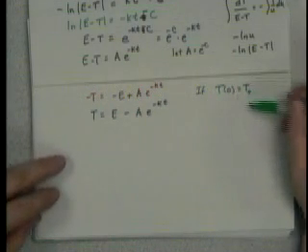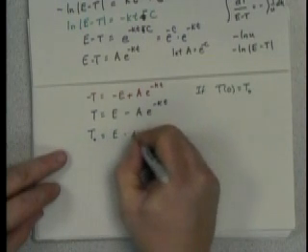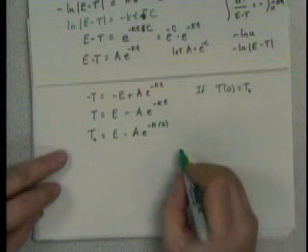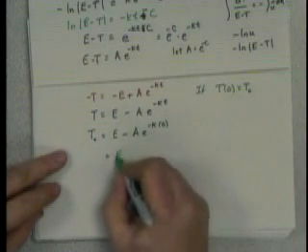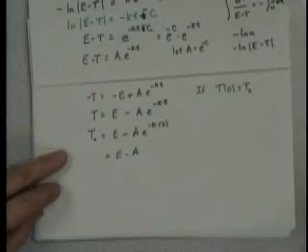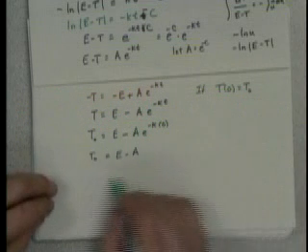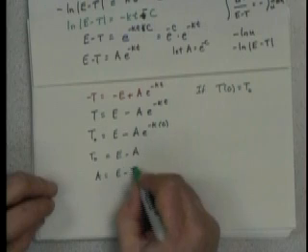And so I'm going to use T sub 0 to represent the initial temperature of my object. T sub 0 would equal E minus A e to the minus K times 0, which would equal E minus A. So solving that for A, A would equal E minus T sub 0.